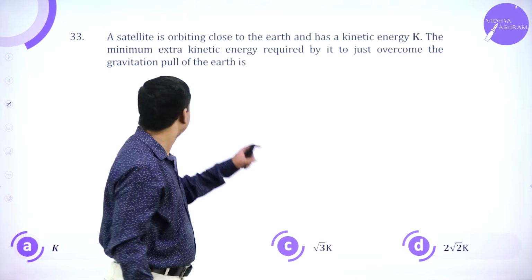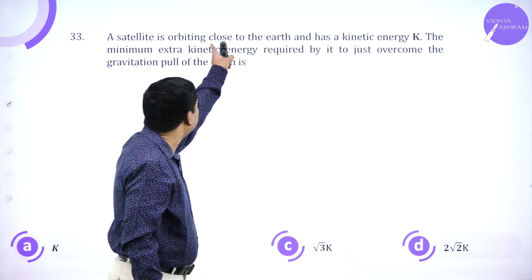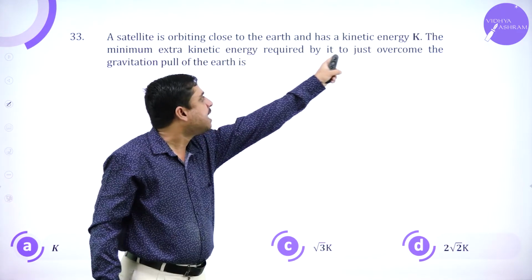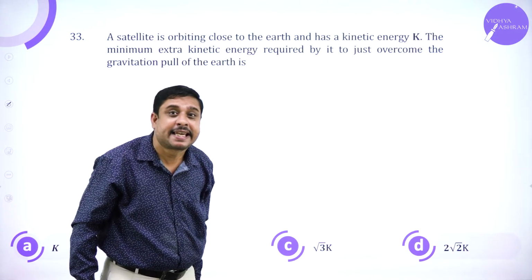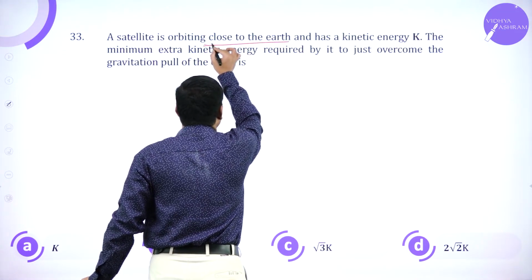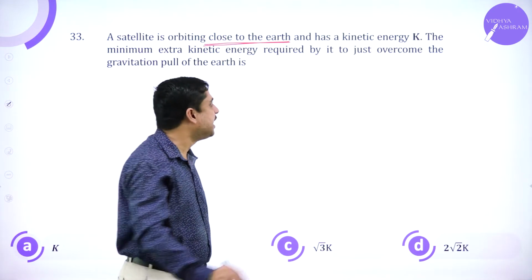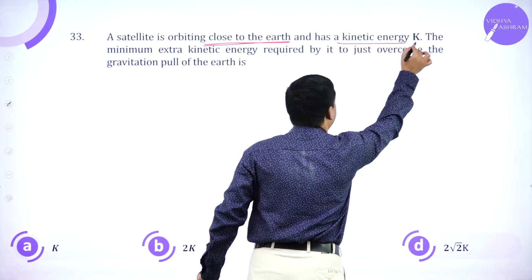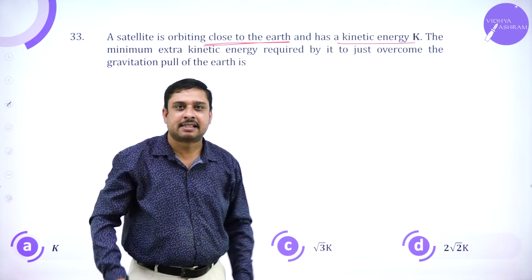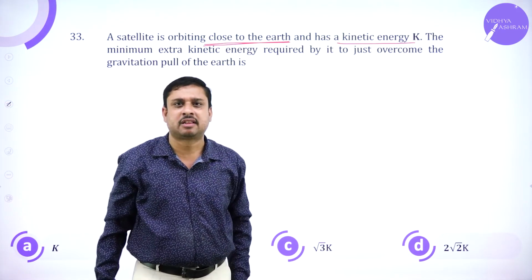Now, a satellite is orbiting close to the earth and has a kinetic energy K. There is a satellite which is orbiting very close to earth.